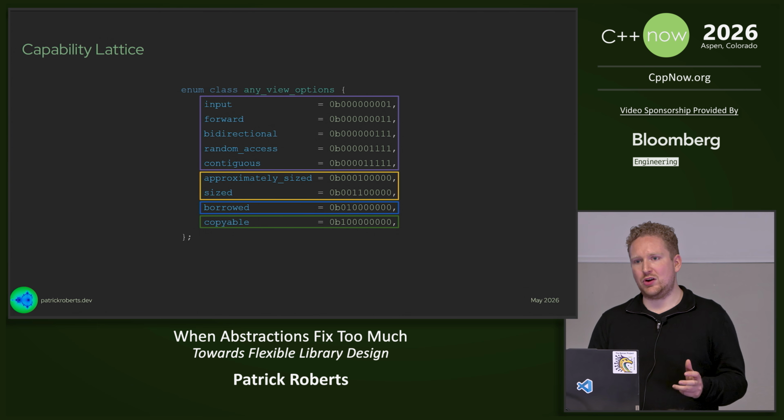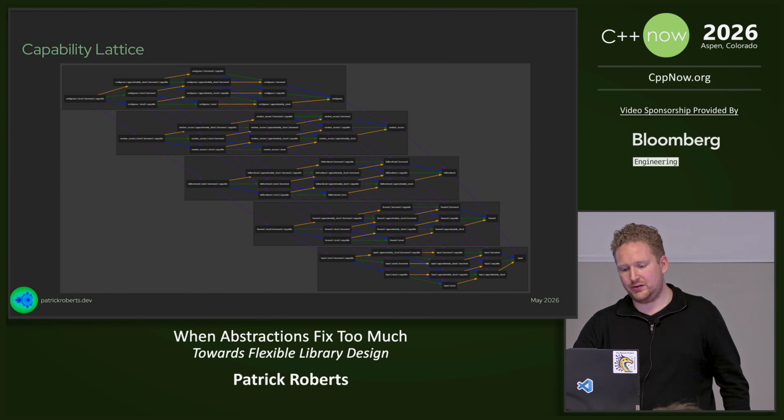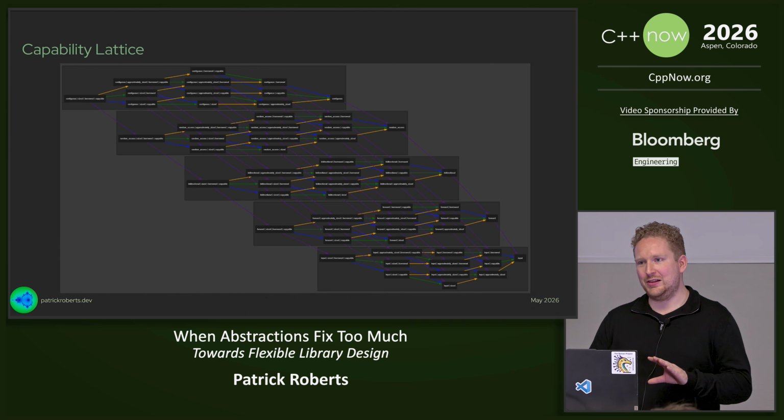It just determines whether that specialization of existential enables the borrowed range variable template that exists in the ranges library. If that borrowed flag is disabled, then it doesn't enable that specialization, and vice versa. There's no function pointer associated with that, but conceptually, it's still part of the capability lattice. And then here's the full capability lattice that the AnyView options implements.